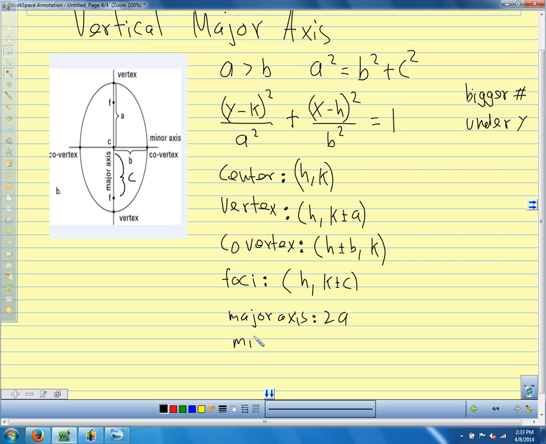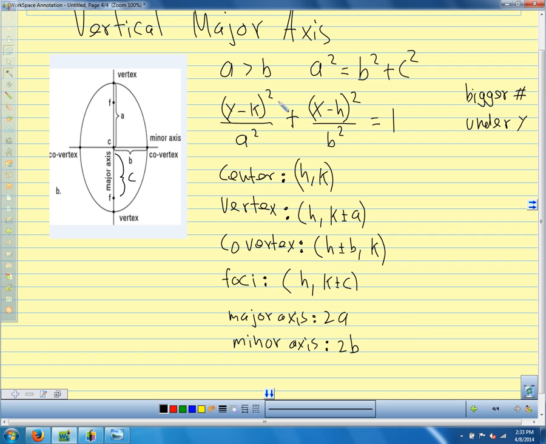My minor axis is still length 2B. And that gives me all the information about my ellipse. The equations of ellipses are very friendly, almost as friendly as a circle.